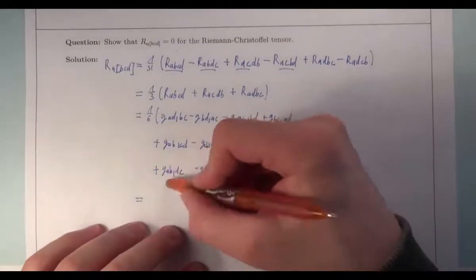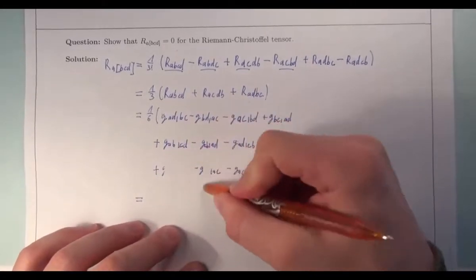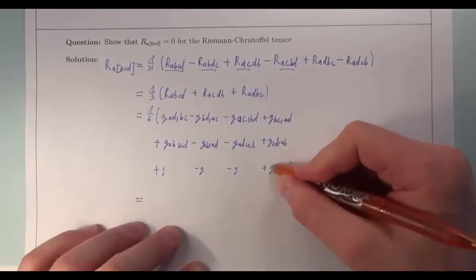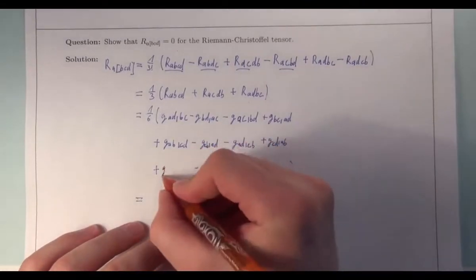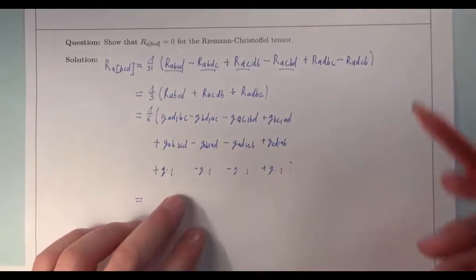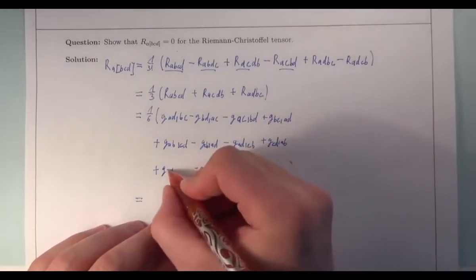Okay, then I have to distribute the indices again. Okay, it's G. A stays A. We had this already.